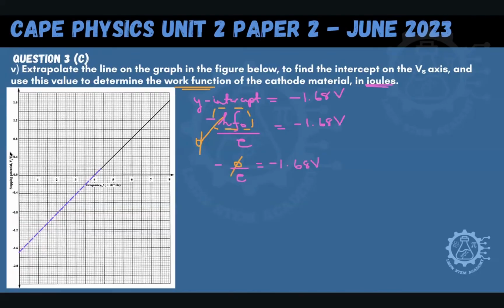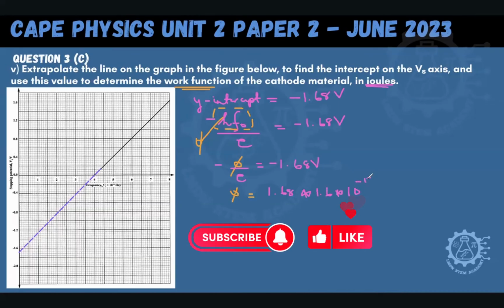So in the end, our work function is equal to 1.68 times the e, which is 1.6 times 10 to the minus 19.